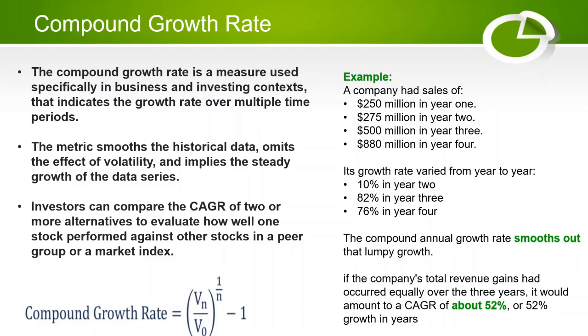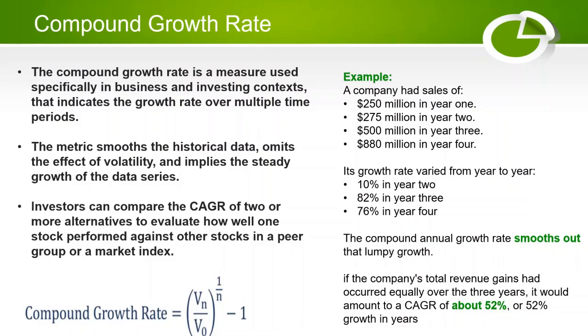Instead of saying 10% first year, 82% second year, 76% in third year, we can say that it is a compounded growth of 52% per annum. It is not true that every year we are getting 52%, that is different, but overall we can compound it and say that every year around 52% growth we have got in the sales.